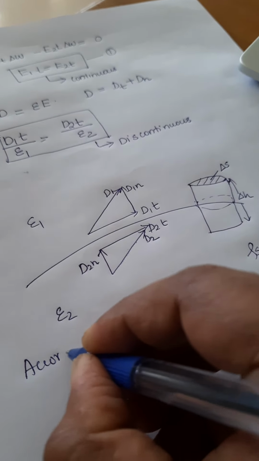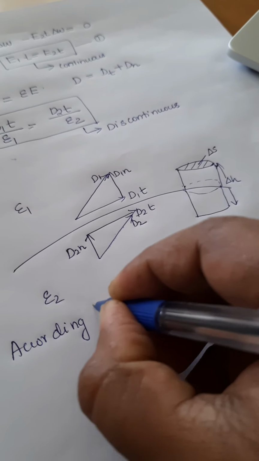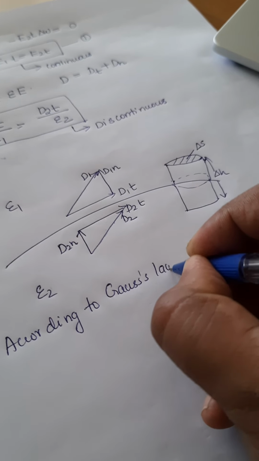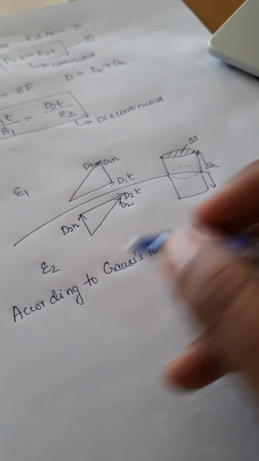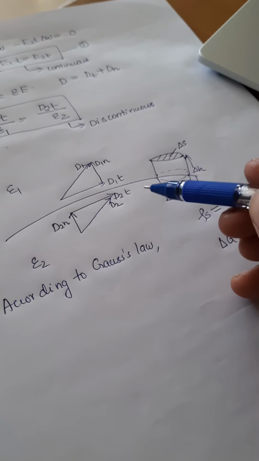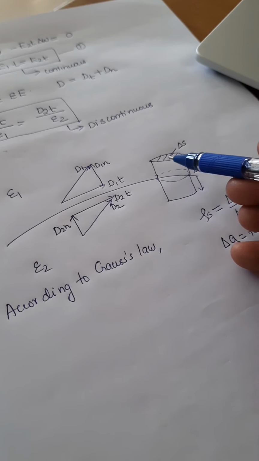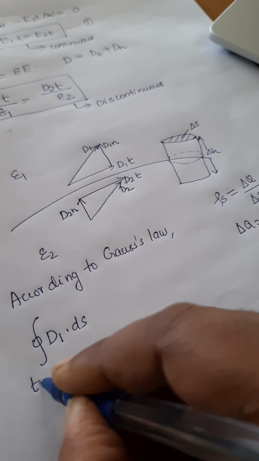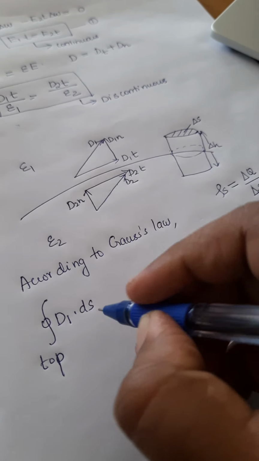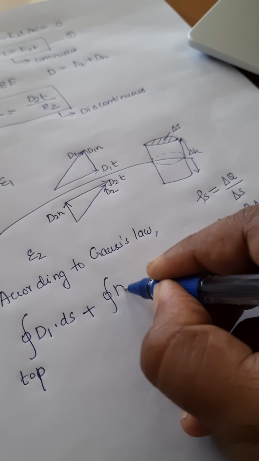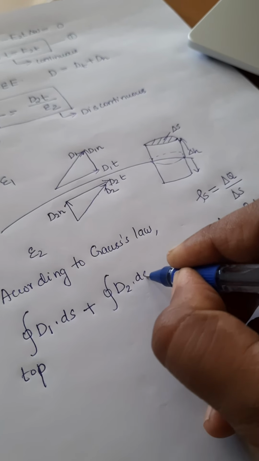If we apply Gauss's law to this closed surface, we can write, on the top surface, closed integral D1 dot dS. Then for the bottom surface, closed integral D2 dot dS.